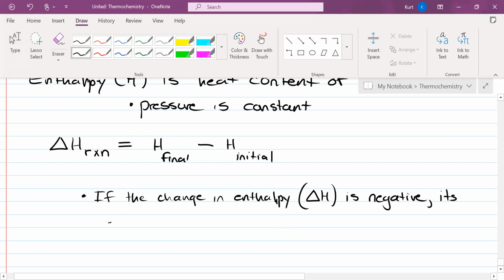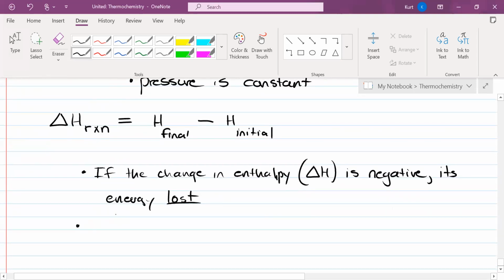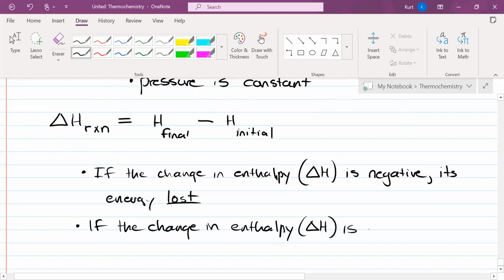It's energy lost. And vice versa. If the change in enthalpy is positive, it's energy gain.